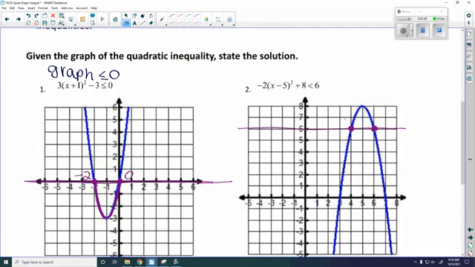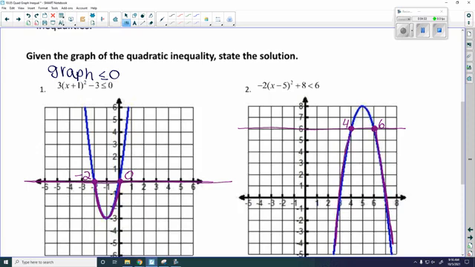So this is at 4 and 6. Is this asking above or below? What is this sign? Less than, so below. So from here below the line, from here below the line.